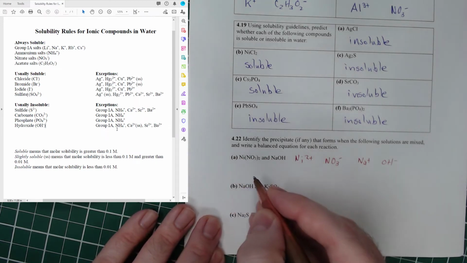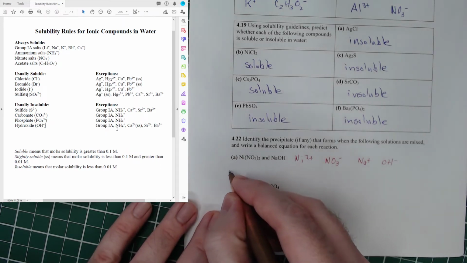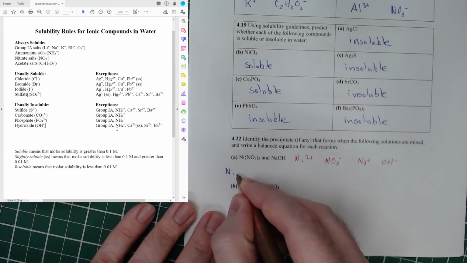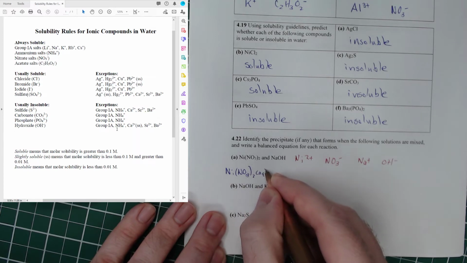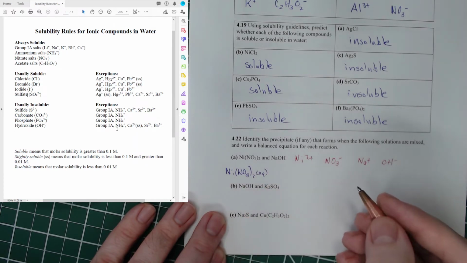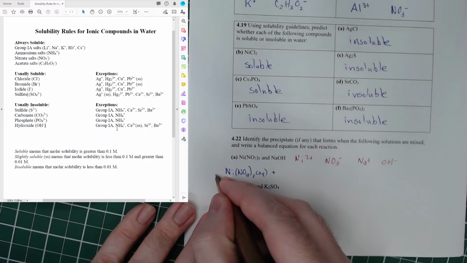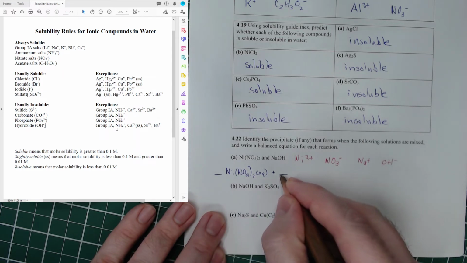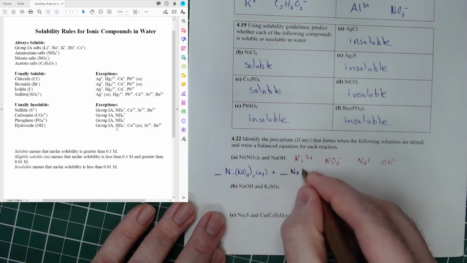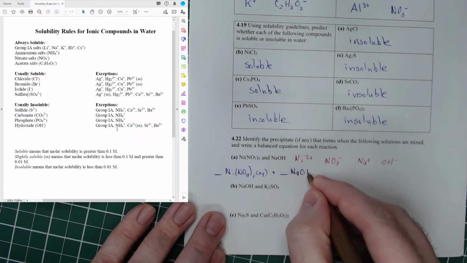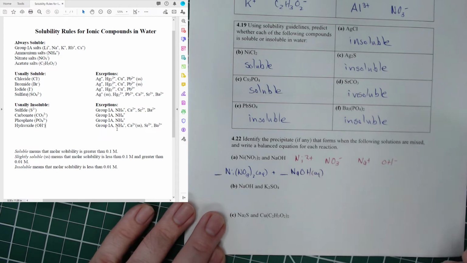So we'll come back over here and let's write out this equation. So we'll put nickel nitrate, Ni(NO3)2 (aq), plus, and we will need to put coefficients in front of some of these, plus sodium hydroxide, NaOH (aq).